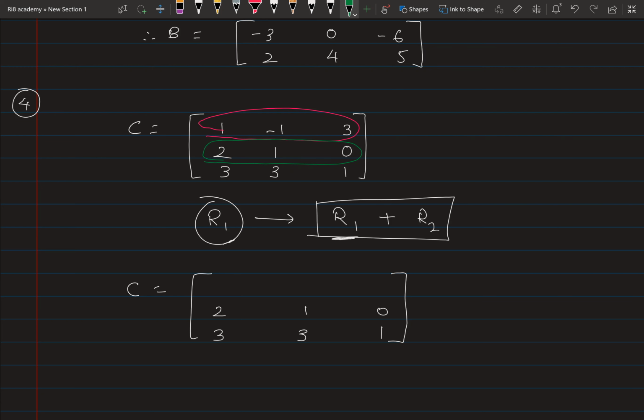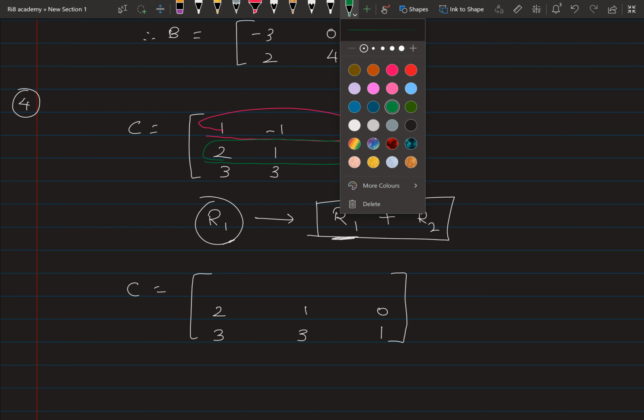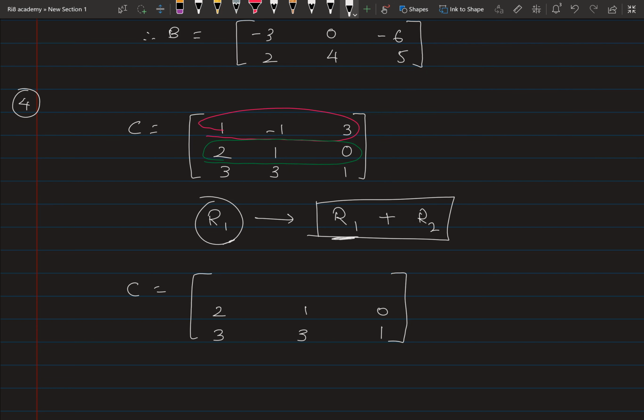Okay, so I have to add these elements, but the addition is done column-wise. Meaning when I do the addition, the addition of these two elements will be done, and of these two elements will be done.